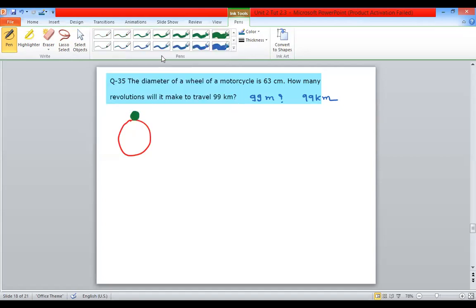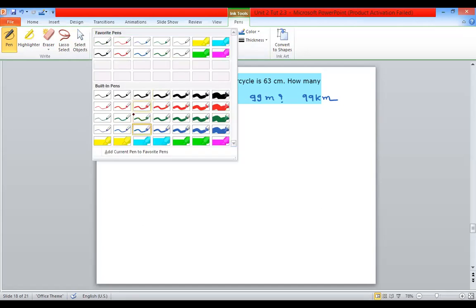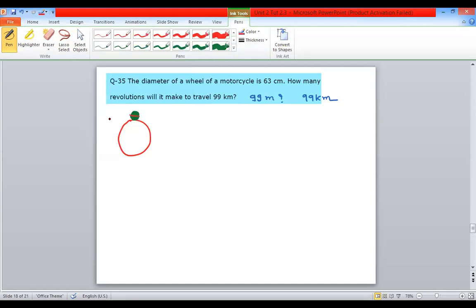The diameter of this wheel is 63 centimeter. And we know one revolution is the circumference of the wheel. So first of all you can find the circumference of the wheel.